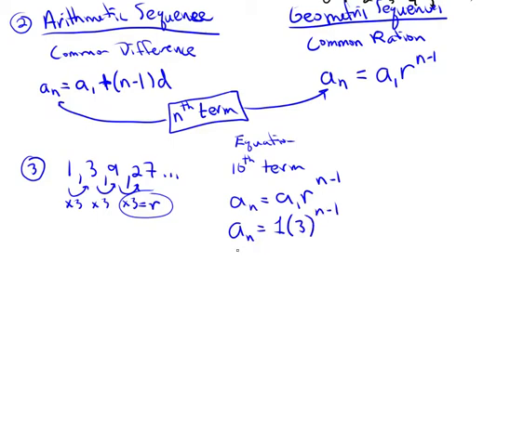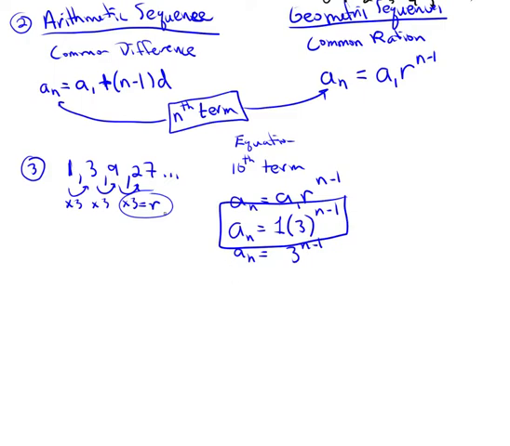So I can simplify that down to a sub n equals 3 to the n minus 1. And that times 1 here would be our first term, a sub 1. So I kind of like this one. So this right here is my equation.